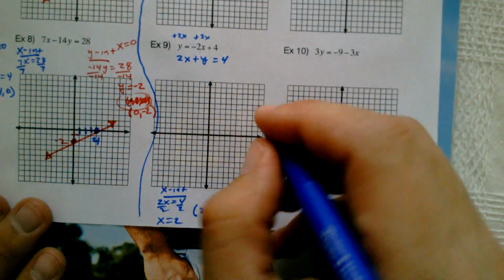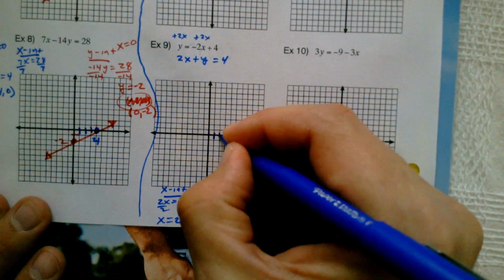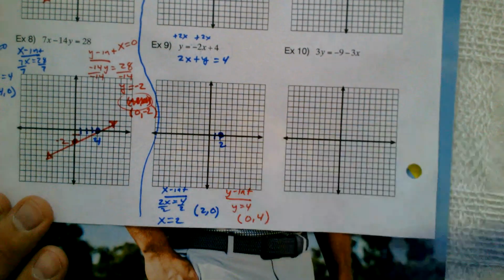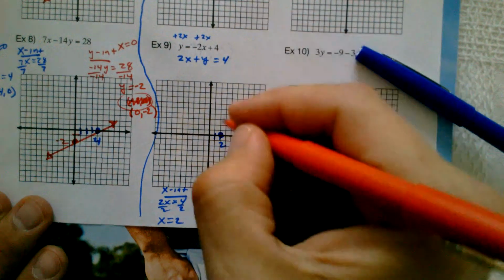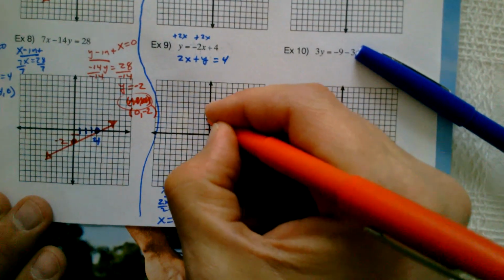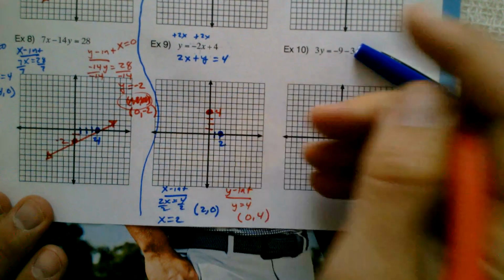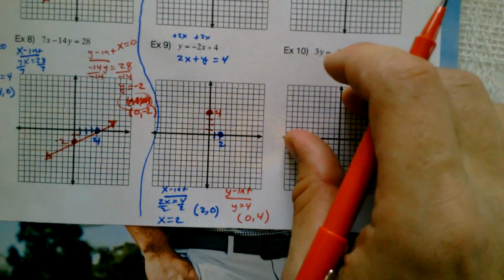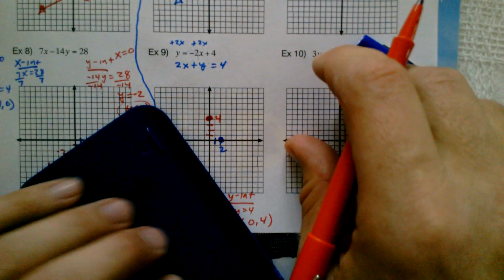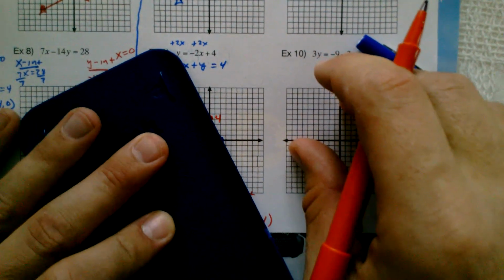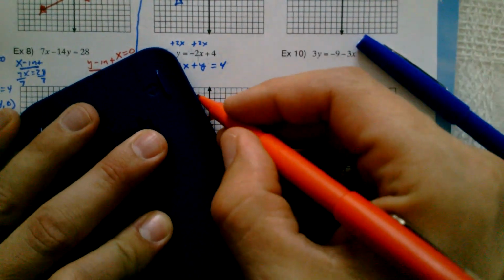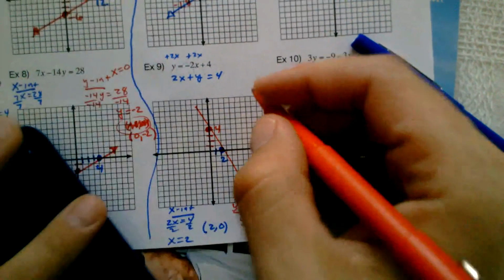So I go ahead and graph those two guys real quick over 1, 2. And then up 1, 2, 3, 4. So positive 4 there. Okay. Go ahead and graph that guy. Connect the dots. 2 points determine a line. And there we have it.